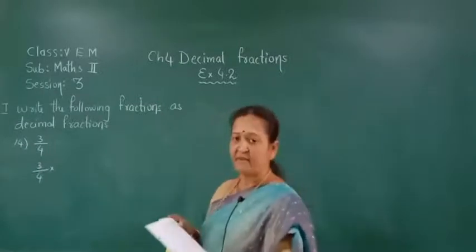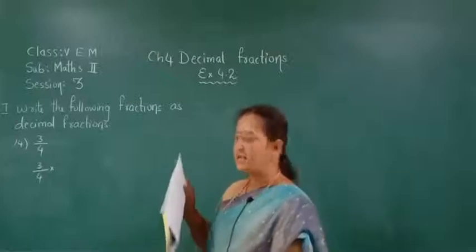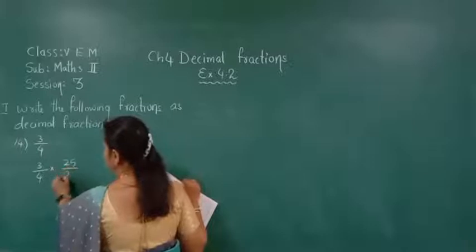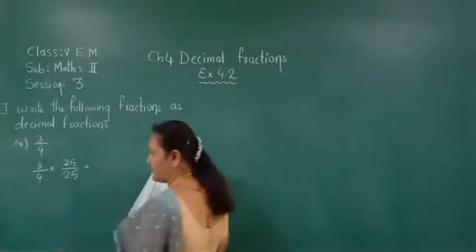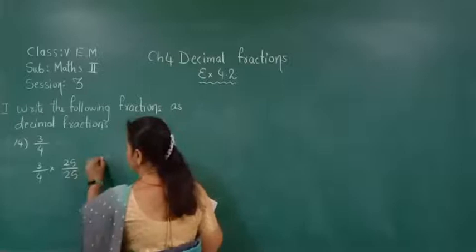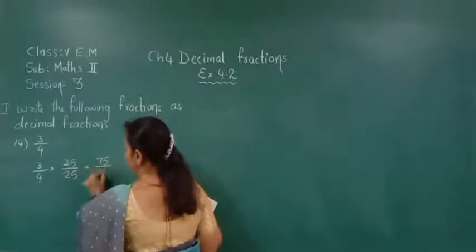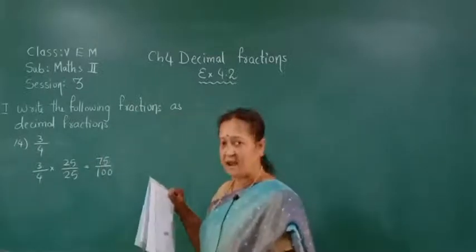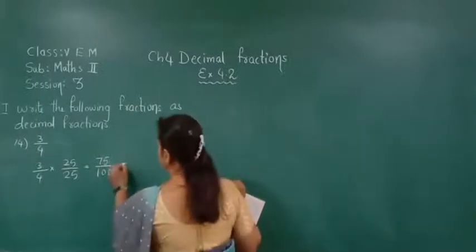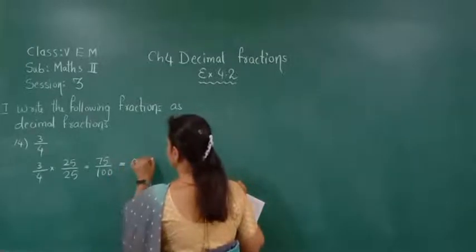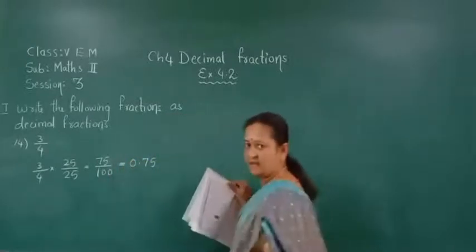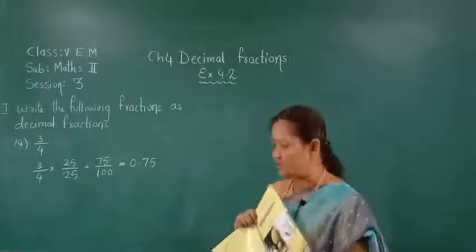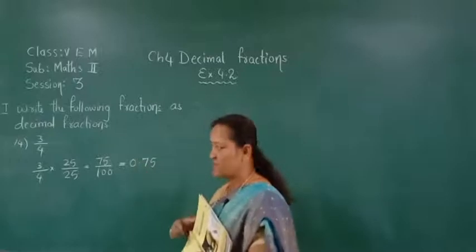So in the 4 table we find 4 25s are 100. So both the numerator and denominator multiply by 25. So 25 3s we get 75 by 25 4s are 100. So here it is 75 by 100. Now you can easily write in the form of decimal. It is 0.75. As the denominator is 100, 100 has 2 zeros. Count 2 digits and keep the decimal point.